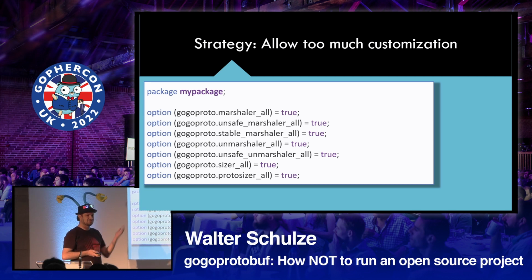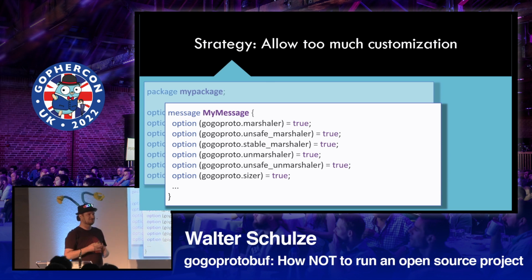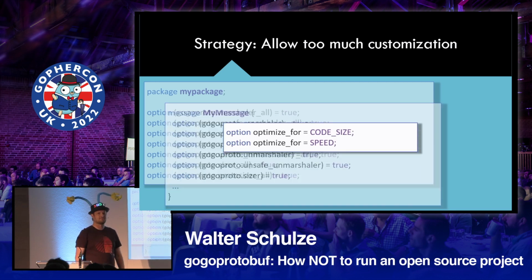And I allowed you to not only customize this on the file level, but also on the message level. And I had to support all combinations of these features. What I should have done is use the already existing protocol buffer option that exists there already, optimize for. And you can choose if you want to optimize for size or code speed.